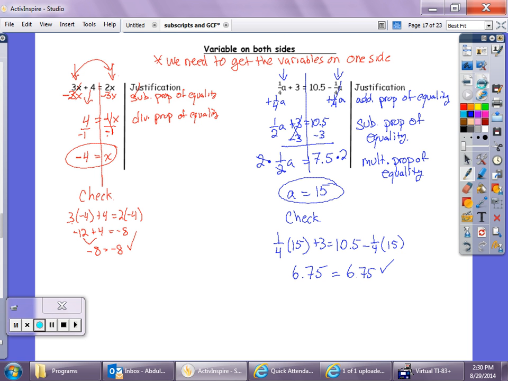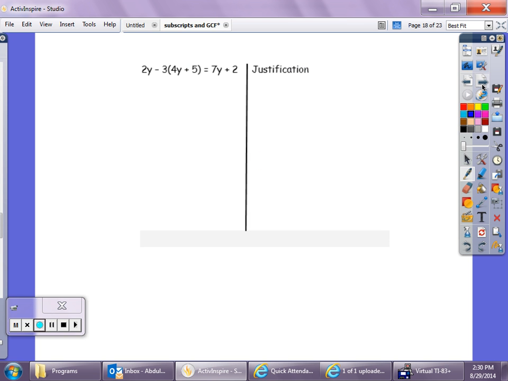And the last question with our variables. Now this is a big one, so there's a lot going on here. When we look at it, the first thing we've got to do is get rid of the parenthesis. We do this with our distributive property.